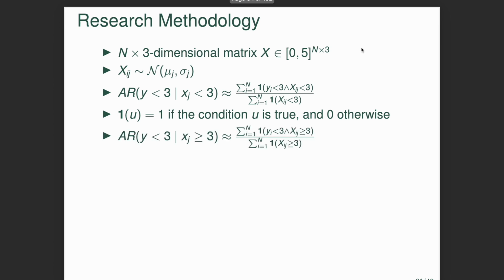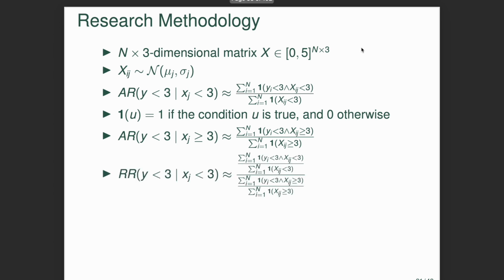In the same way, we compute the absolute risk of failing the course given that the student passed session j, and the relative risk is then calculated as the ratio between the absolute risk when the session is failed and the absolute risk when the session is passed.